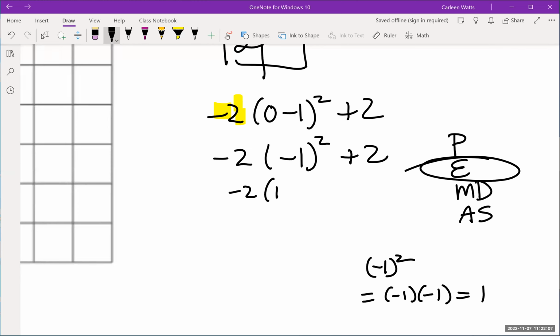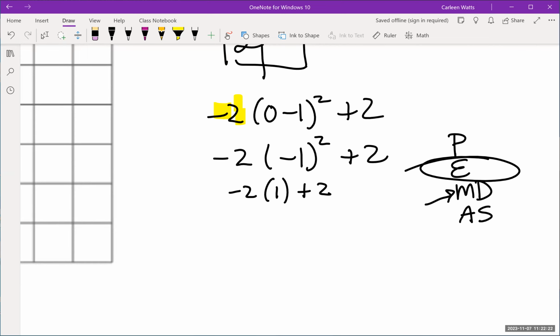That becomes +1. Why does the negative not cancel? Because you have to do the exponent before multiplying. So then we get -2 + 2 = 0.